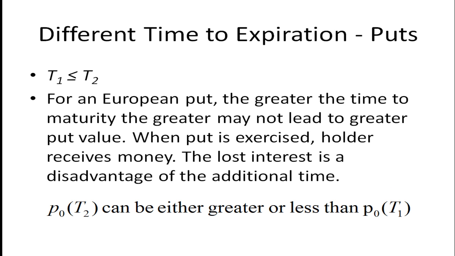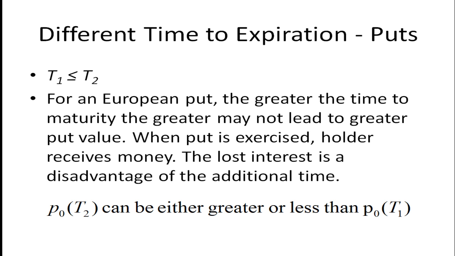In the case of the European style put, it depends. The one with the longer expiration could be greater or it could be less than the one with the shorter expiration. Now that seems a little counterintuitive because the longer the time to expiration, the greater the chance that the stock price will move in a favorable direction, in this case going down.